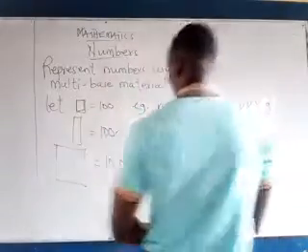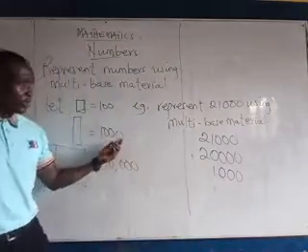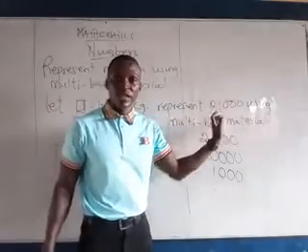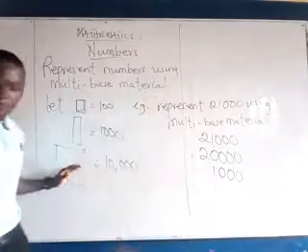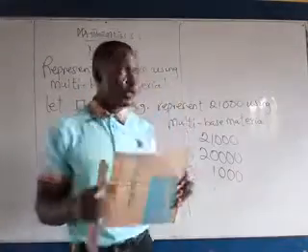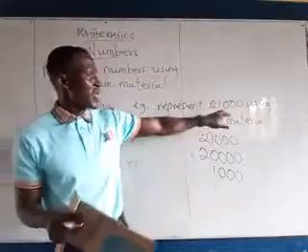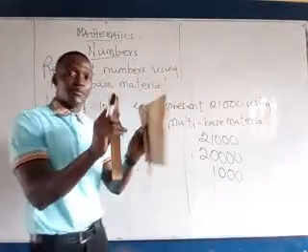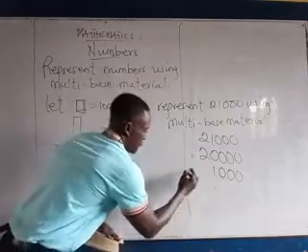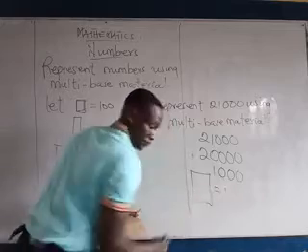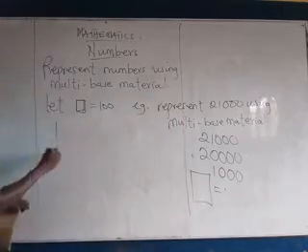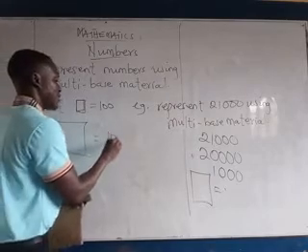Now let's come back to our question. The question says to represent 21,000 using multi-base material. Now I have my flat surface to be 10,000. So they are asking us to represent 21,000 using these materials. Our flat surface is equal to 10,000.